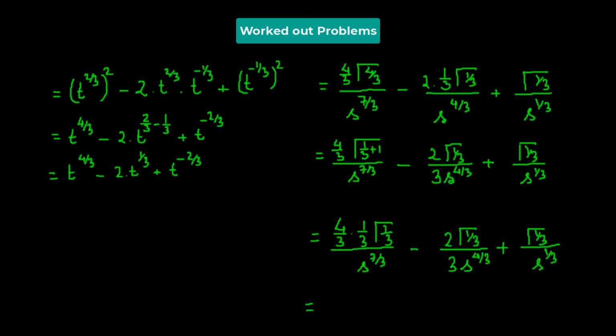So we have 4 multiplied by gamma of 1/3 divided by 9 times s raised to the power of 7/3, minus 2 times gamma of 1/3 divided by 3 times s raised to the power of 4/3, plus gamma of 1/3 divided by s raised to the power of 1/3.